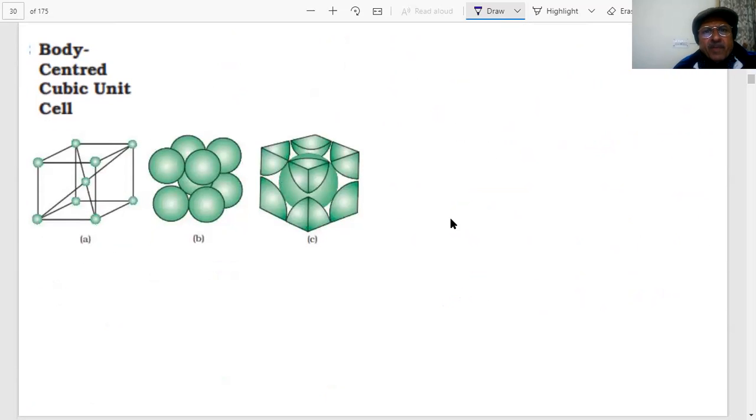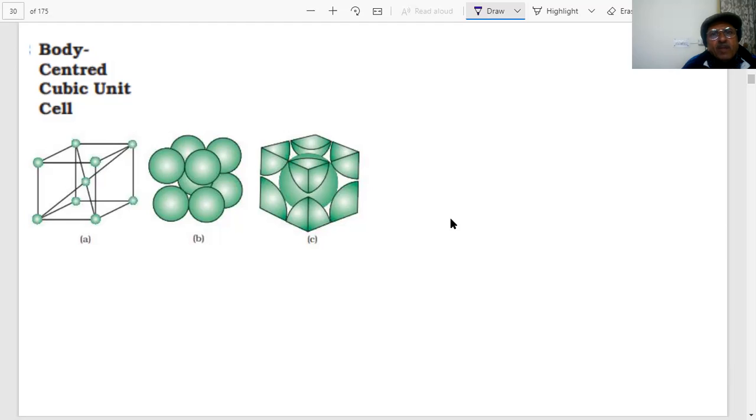Next, students, I am coming to the body-centered cubic unit cell. What do you mean by body-centered?